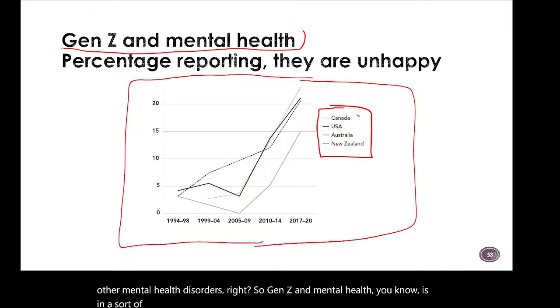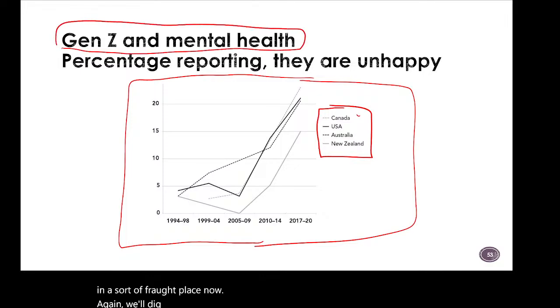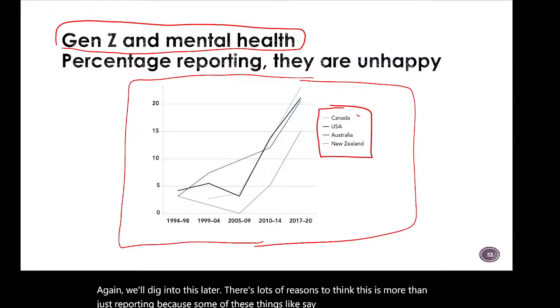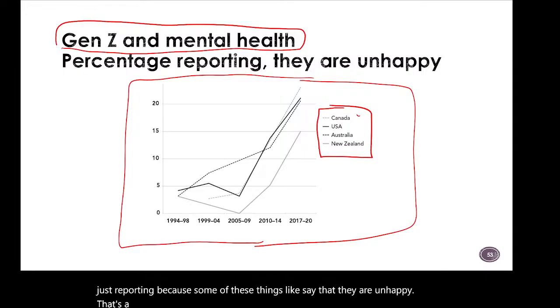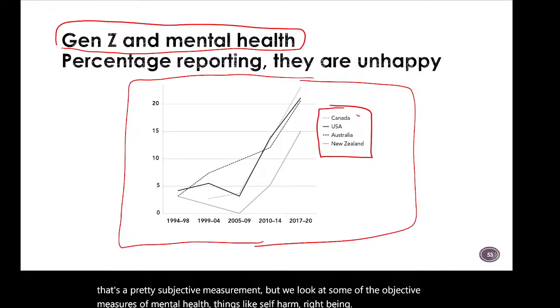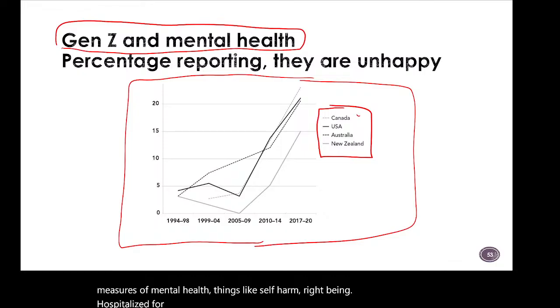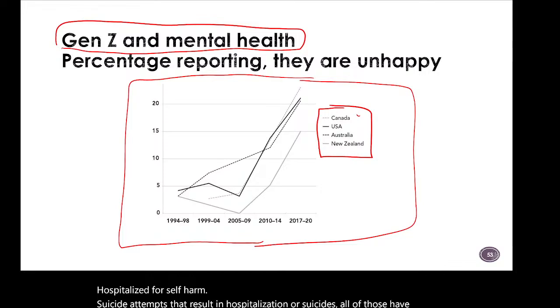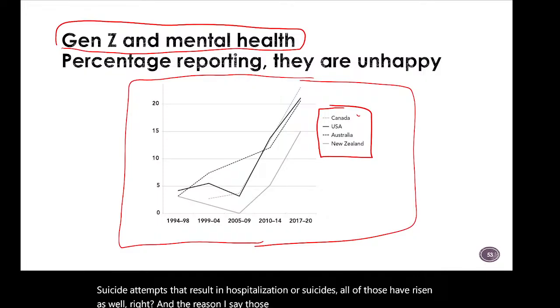Now, again, we'll dig into this later. There's lots of reasons to think this is more than just reporting, because some of these things, like saying that they are unhappy, that's a pretty subjective measurement. But when we look at some of the objective measures of mental health, things like self-harm, right? Being hospitalized for self-harm, suicide attempts that result in hospitalization, or suicides, all of those have risen as well, right? And the reason I say those are objective measures is because the state tracks those.